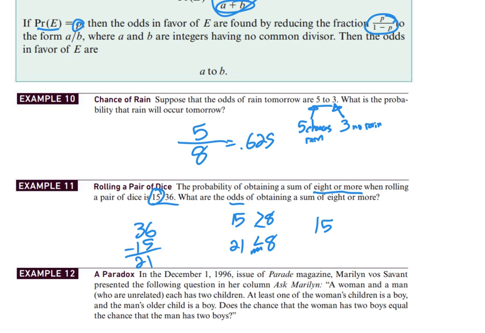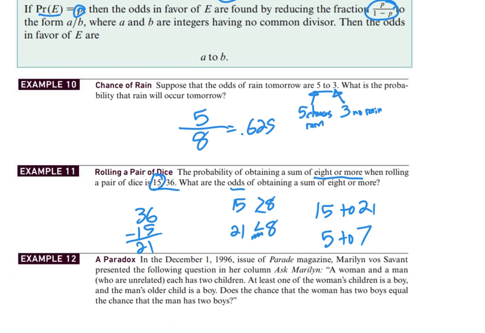So it's 15 to 21 that we will get a sum of 8 or more. We divide those by 3, and that's a 5 to 7 chance. The odds of obtaining an 8 or more are 5 to 7.